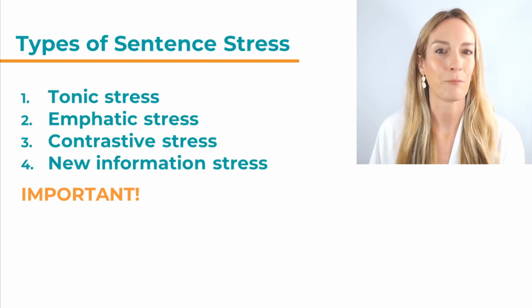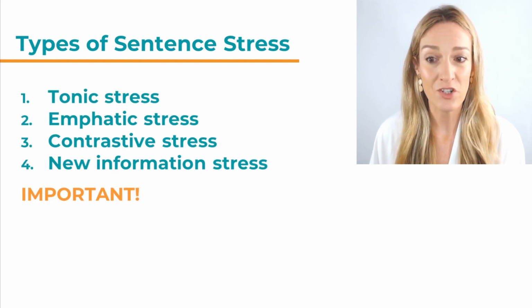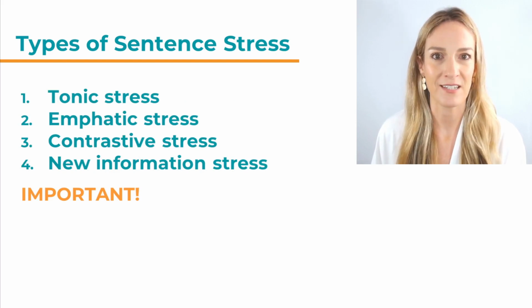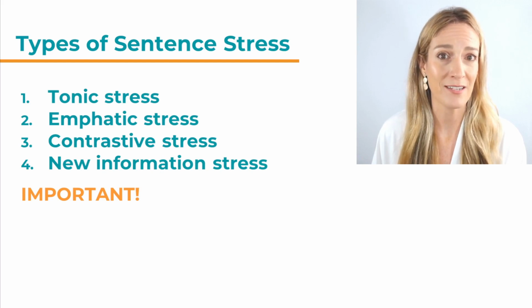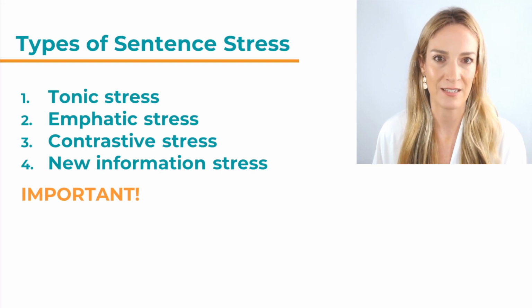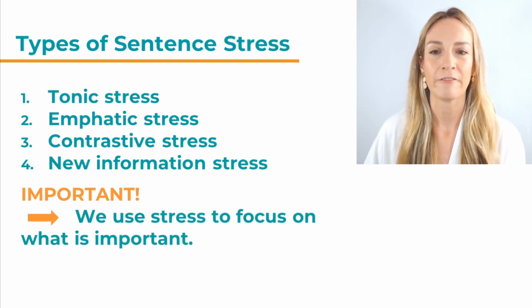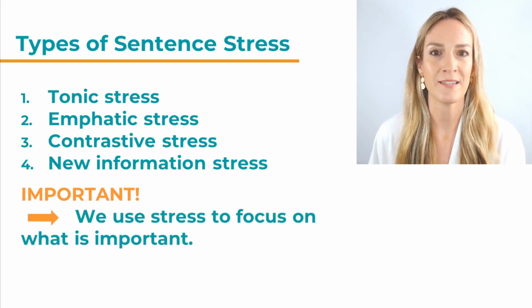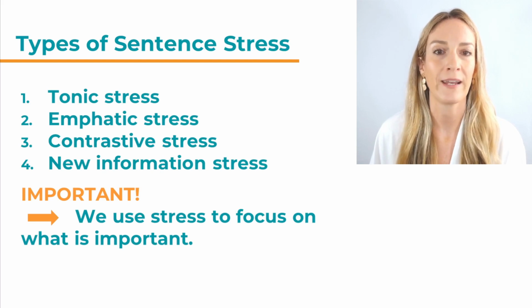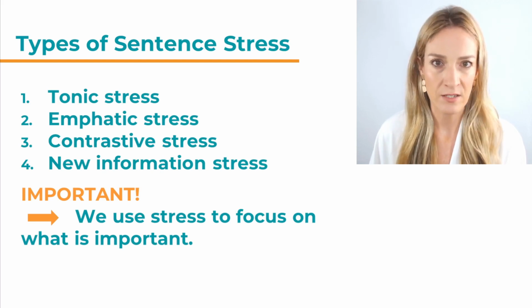Now, let's summarize again. We had tonic stress, emphatic stress, contrastive stress, and new information stress. And there's something important to remember. For all of those, we always stress to focus on what is important. So sentence stress is always used in this way.